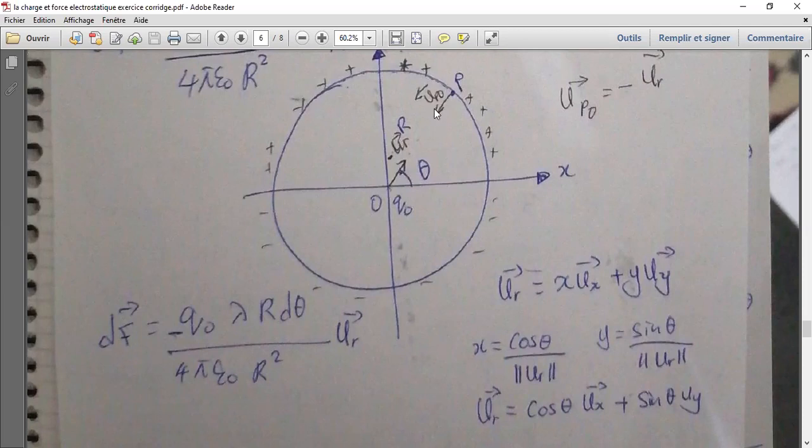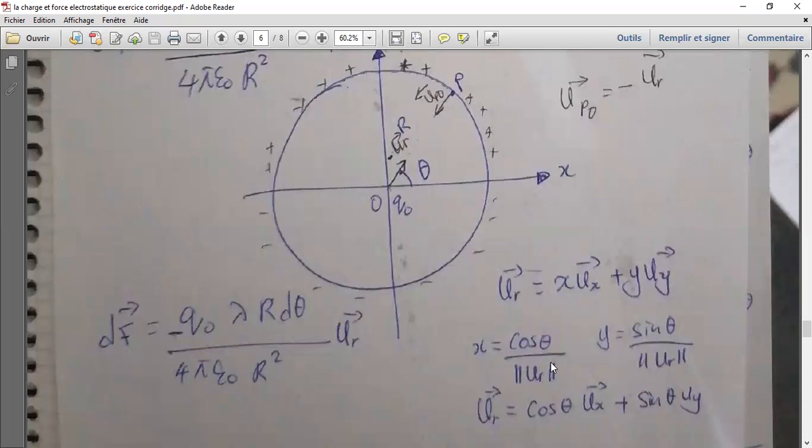So you know that you have to use cos theta is equal to X over the module of UR. UR is this one here. This is the formula which you just have to know. Then your X will be equal to cos theta over UR.